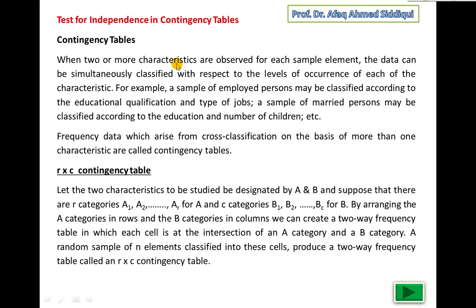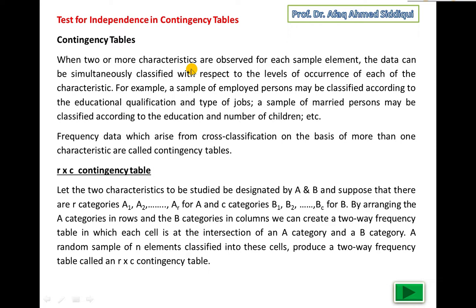Because for one characteristic we require rows or columns, either one. So in a frequency distribution table we represent the data in the form of a column. For two or more characteristics we require rows and columns. If you have two characteristics, we represent the first characteristic in rows and the second in columns.